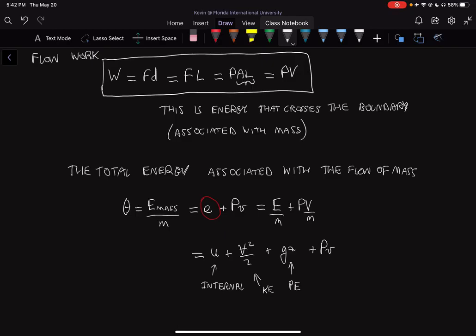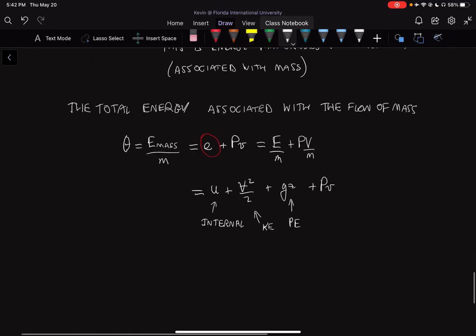Now, if you remember, we had defined our H to be equal to U plus PV in the previous module. So now, if we combine U and PV, we can actually use H in this equation. And this is why we use H and why H is usually used, because it takes into account the energy from the mass going through the boundary.